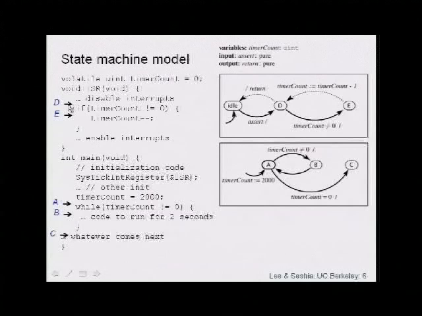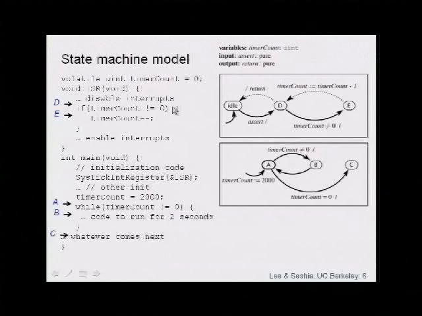Okay, so we neglect that part, and we go down here. If timer_count is equal to 0, then this condition is not true, so the ISR will just return. It will go back to the idle state.